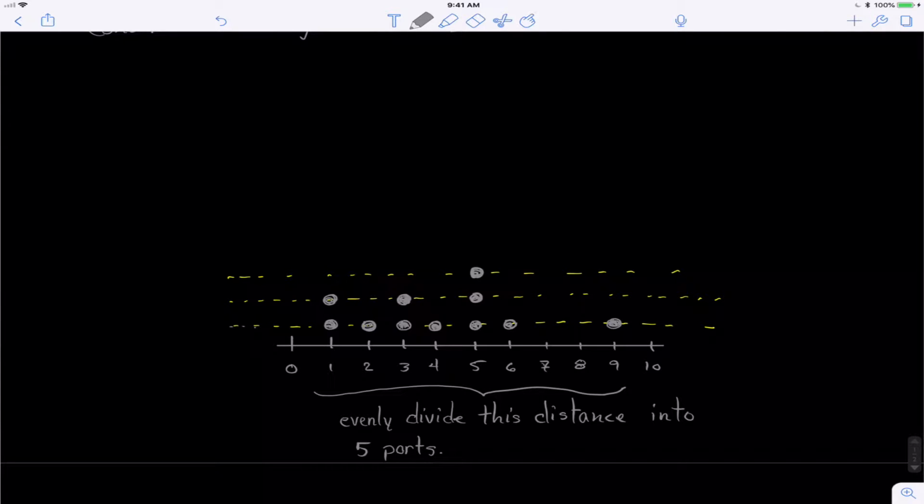Not only that, but this distance, the distance from the lowest to the highest, is called the range. And so the range, this distance, we say is equal to the highest value minus the lowest.